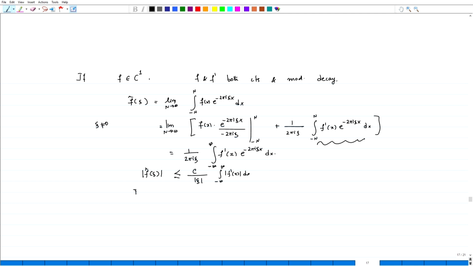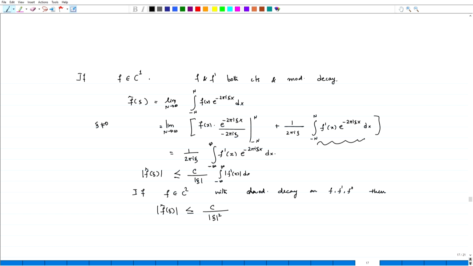So let us note it down: f belongs to C 2 with moderate decay on f, f prime, f double prime. Then mod of f hat of xi is less than or equal to some constant by mod of xi square, away from the origin.